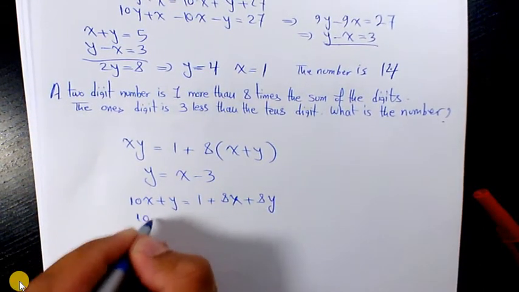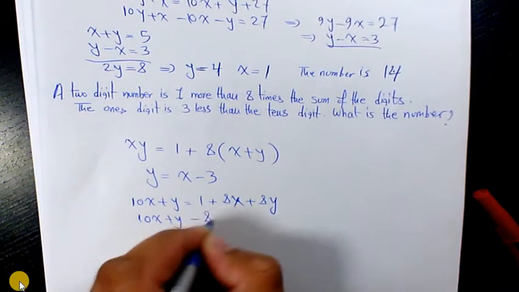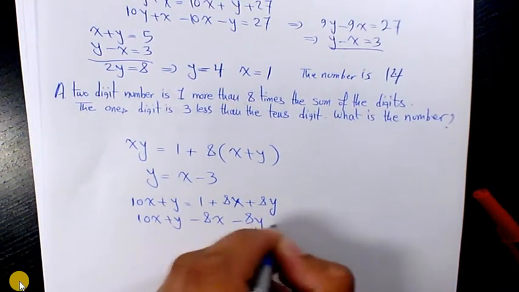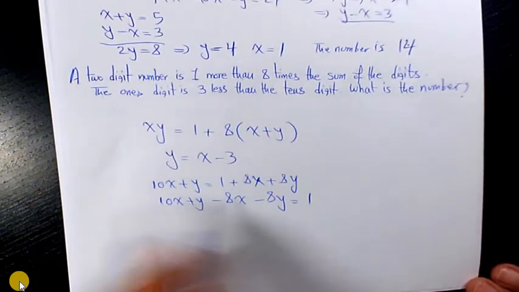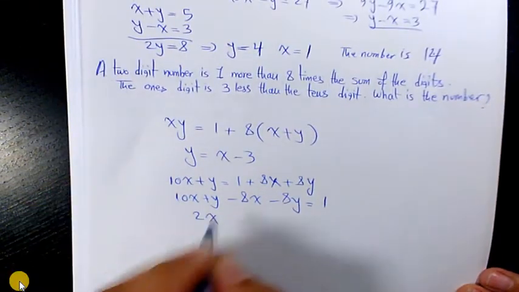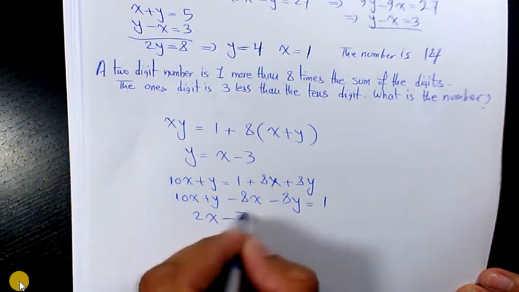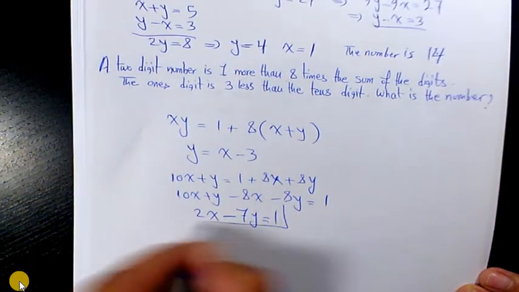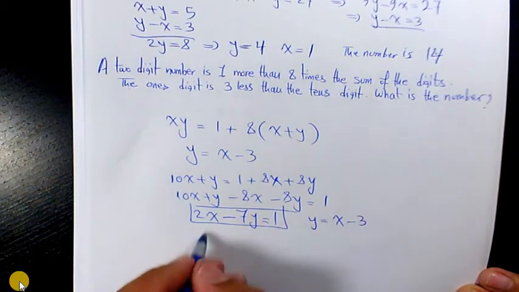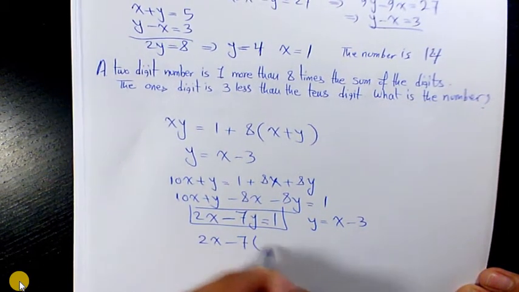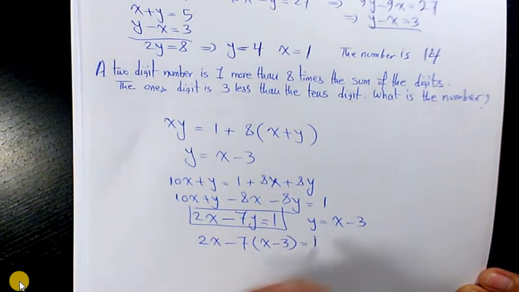So 10x plus y minus 8x minus 8y equals 1. So 10x minus 8x is going to be 2x. Y minus 8y is going to be negative 7y equals 1. So y will be x minus 3. So we're going to have 2x minus 7 times x minus 3 equals 1.